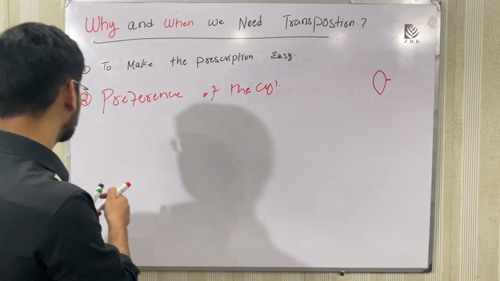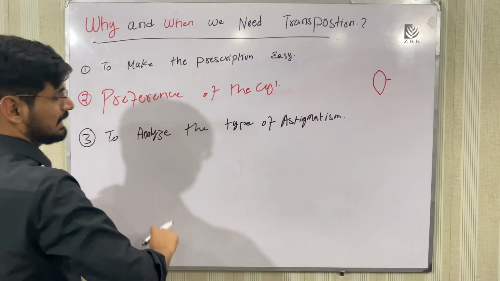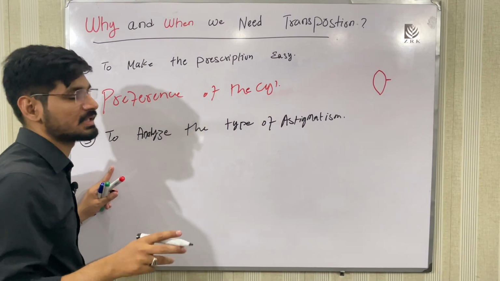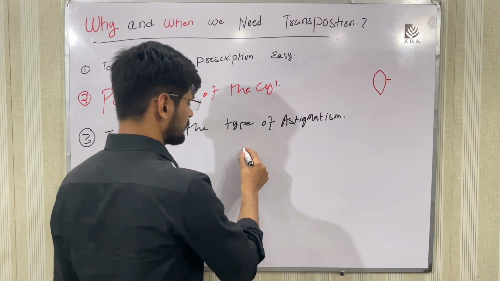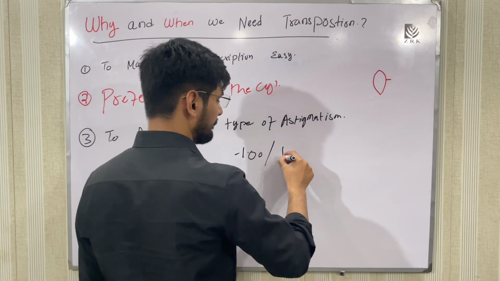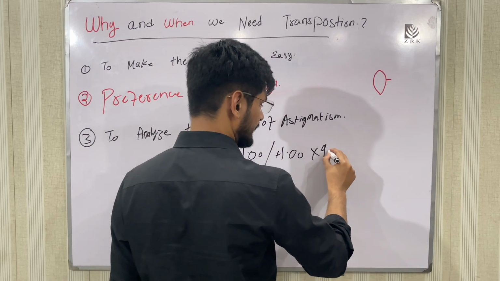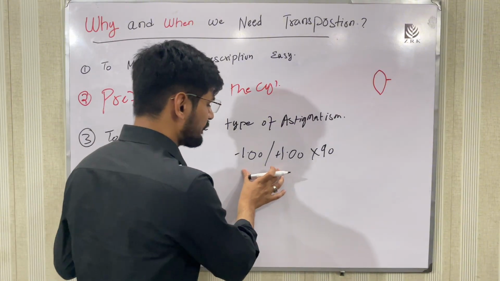Now come to the third point. The third point says that we need transposition to analyze the type of astigmatism. What does it mean? For example, if I have minus 1 with plus 1 cylinder at the axis of 90 degrees, what type of astigmatism is here?